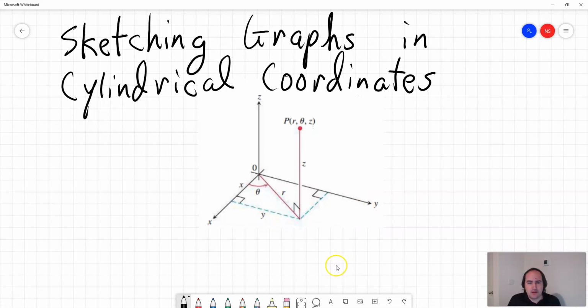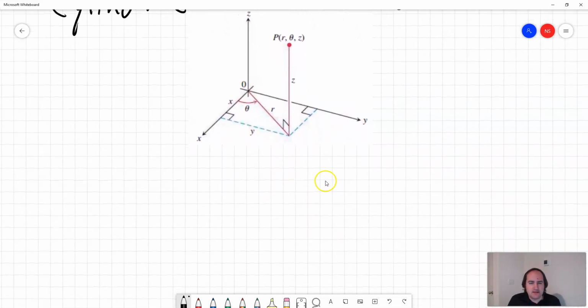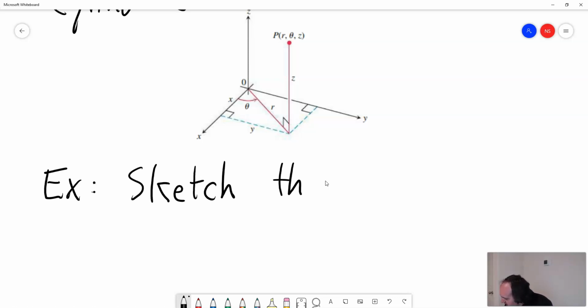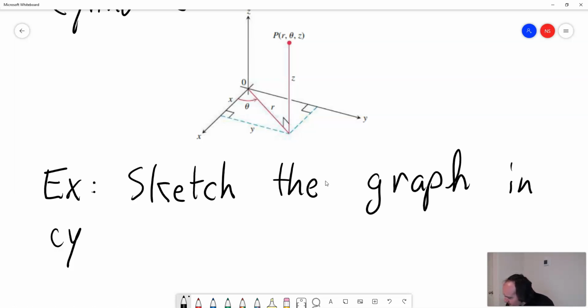Okay, so anyway, let's see an example of this. Okay, so example. Sketch the graph in cylindrical coordinates.